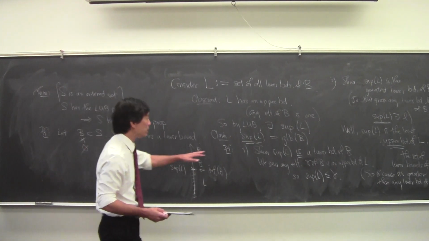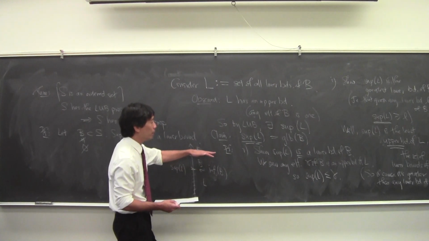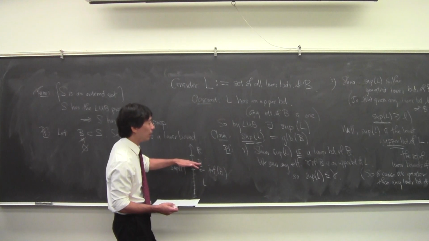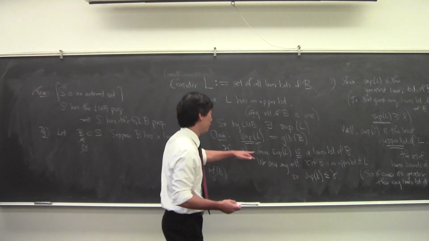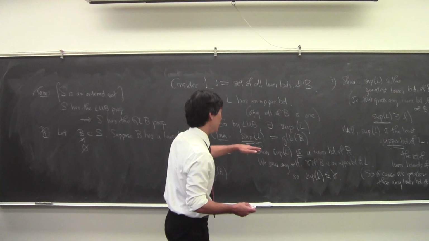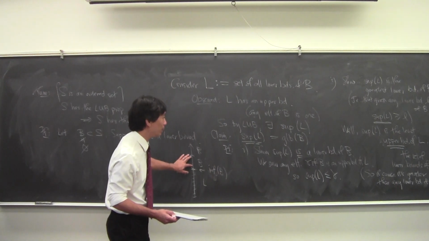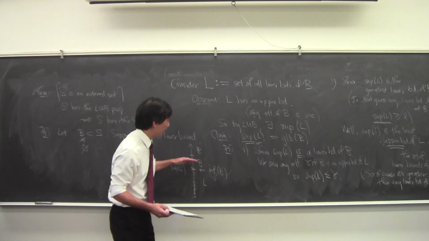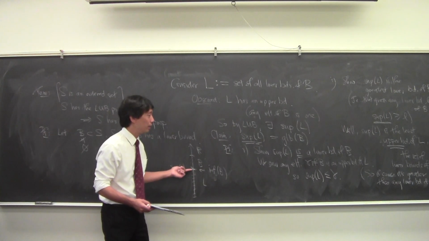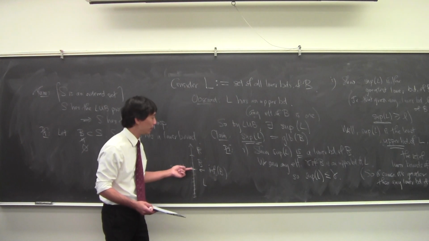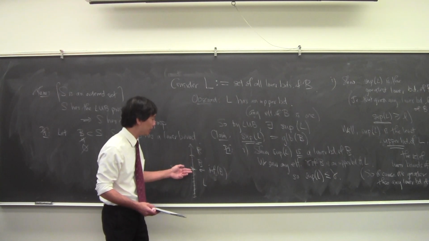So the first part of the proof is that we ask, is it a lower bound of B? Well, any element of B is an upper bound of L, and this is the least upper bound of L. So it is going to be a lower bound of B. Anybody in here is bigger than or equal to this guy.